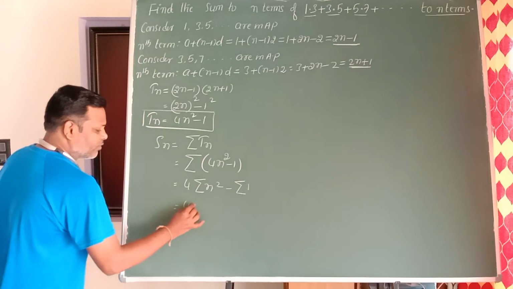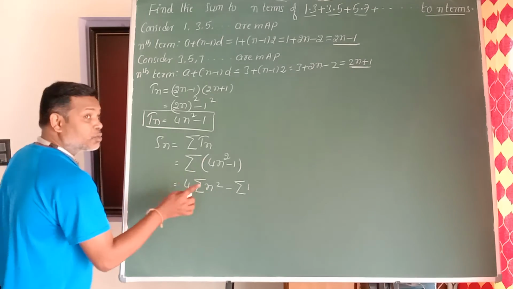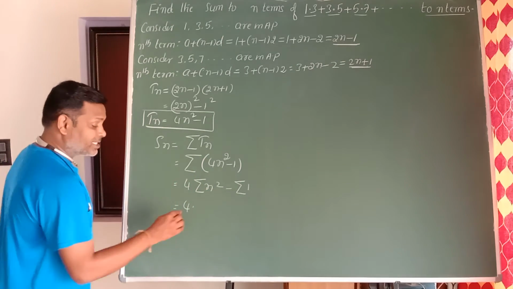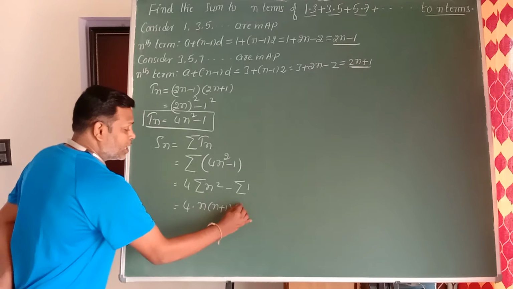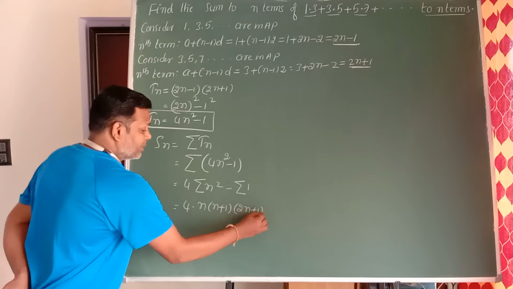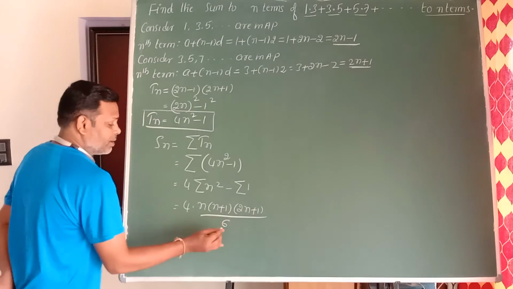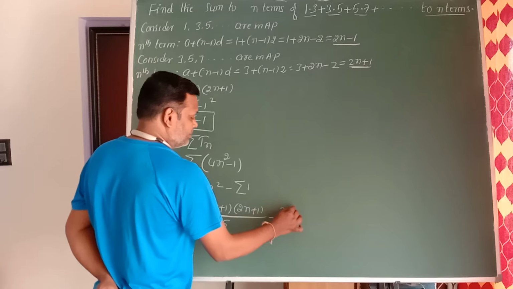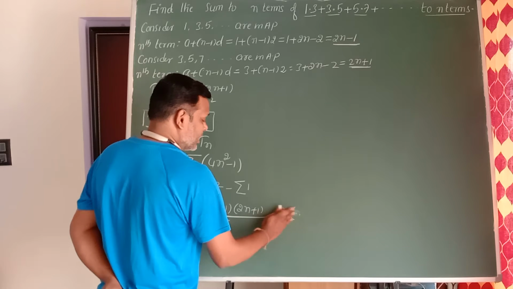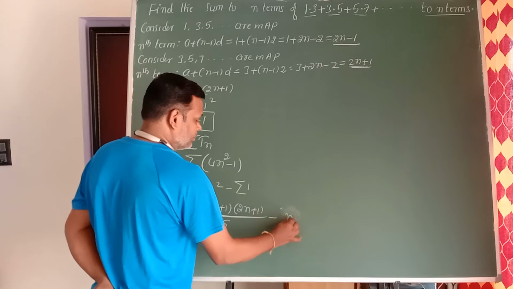Now have a look: 4 into sigma n square, and we have the value. What is sigma n square? n into n plus 1 into 2n plus 1 divided by 6, minus sigma 1, which is n itself.